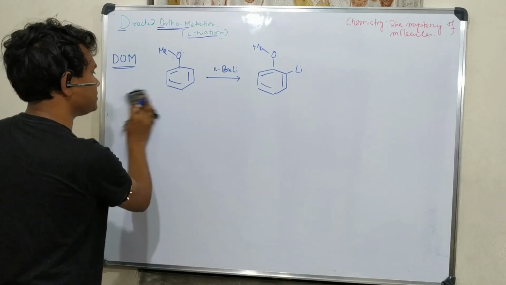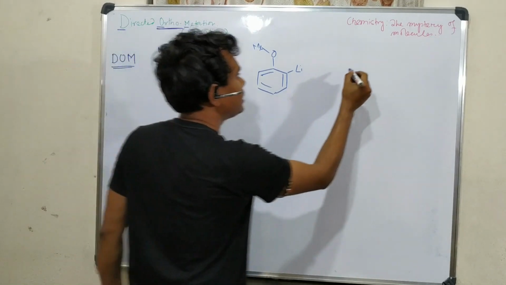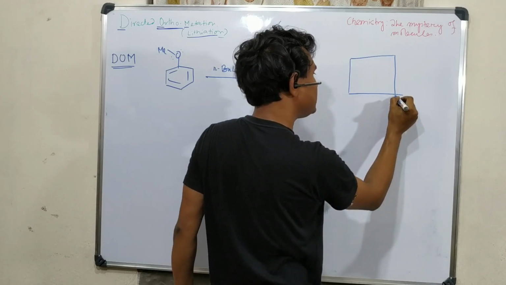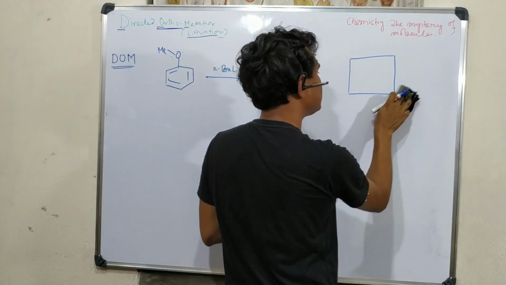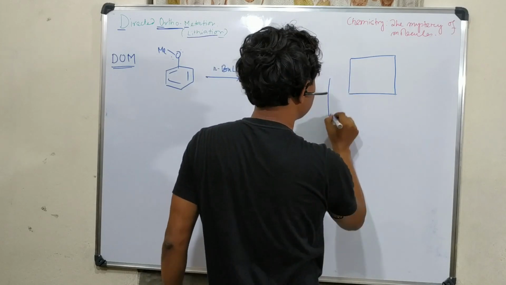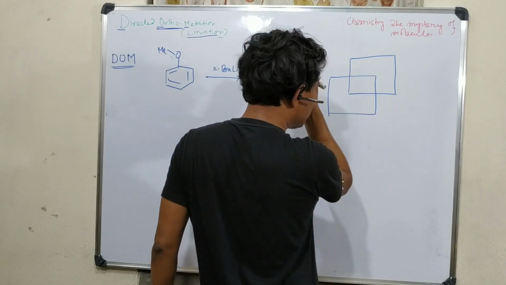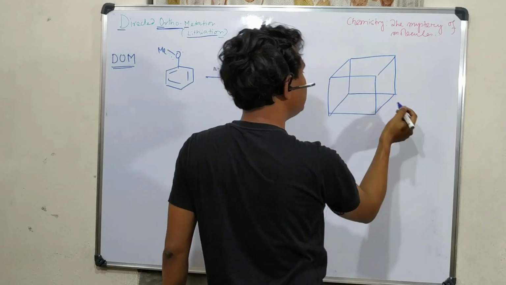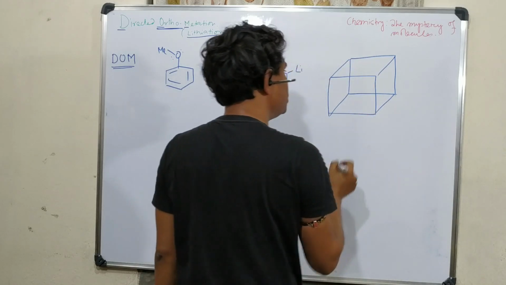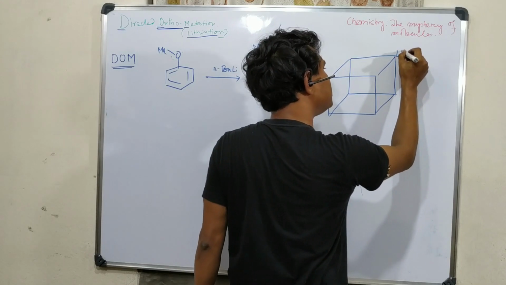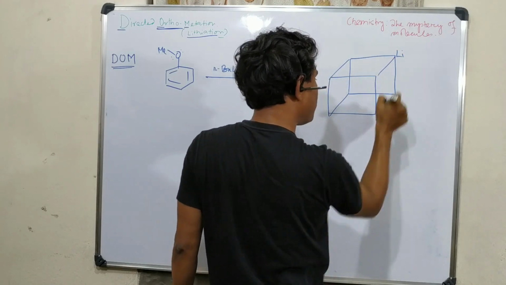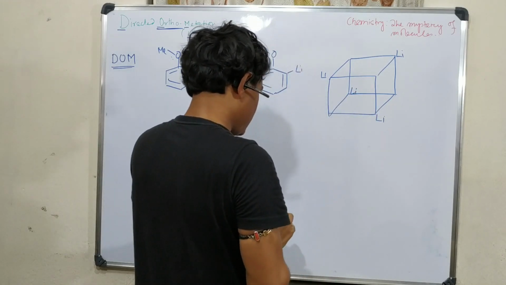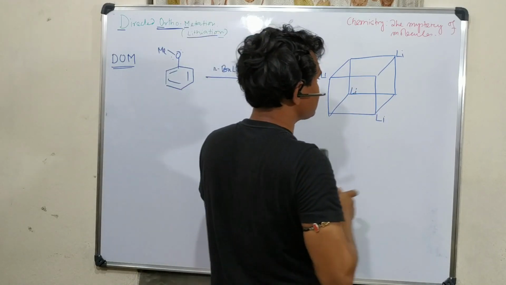Last day I explained that it forms a cube in the presence of ether. Actually, in hexane it is a hexamer, but in the presence of ether it forms a cube where lithium sits at alternate positions, and these alkyl groups remain in between.